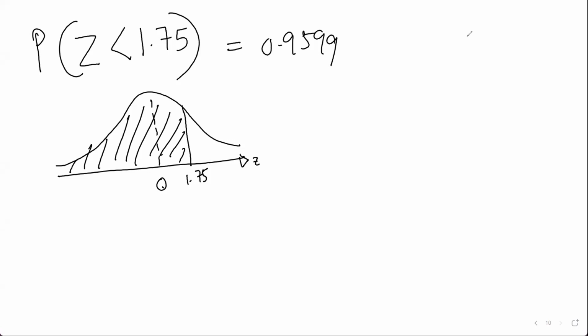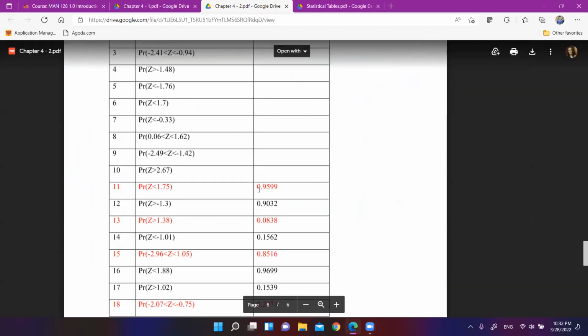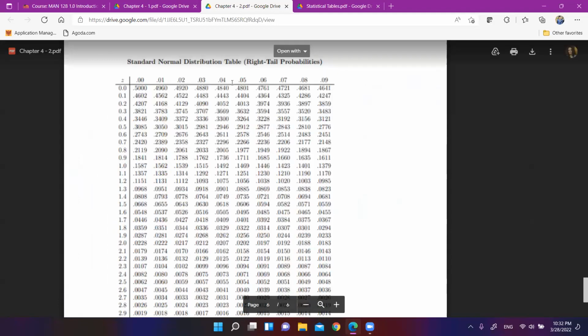So this is very straightforward. අපි බලමු ඒකද උත්තරේ තියෙන්නේ කියලා. Oh, exactly that answer should be there. Yes, 0.9599.